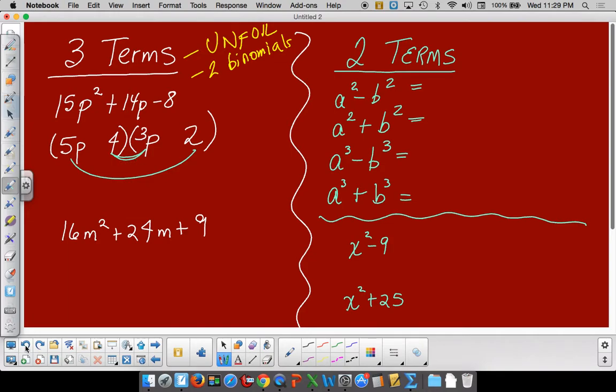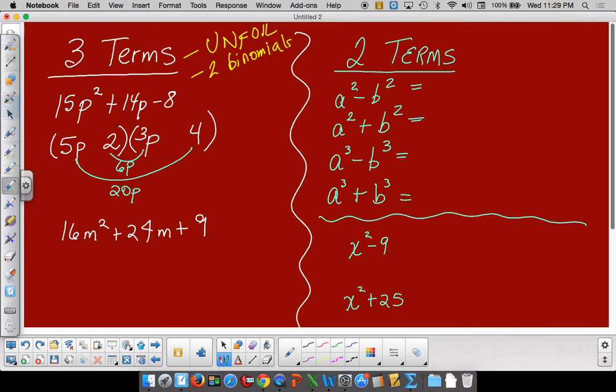In this case, it's easier to undo here. I'm going to try it the other way around. Maybe it should have been 2 here and 4 on the back end. Now try checking your inners and your outers. Inners make 6p. Outers make 20p. Can a 20 and a 6 end up being a 14? Yes, if we subtract them.